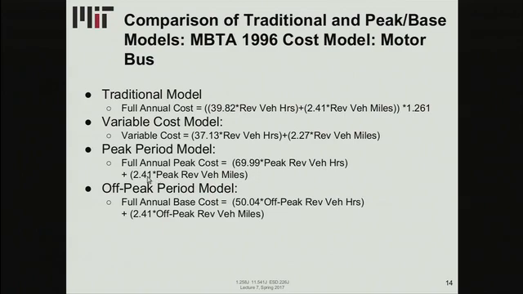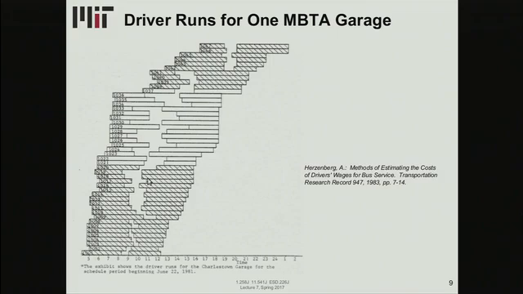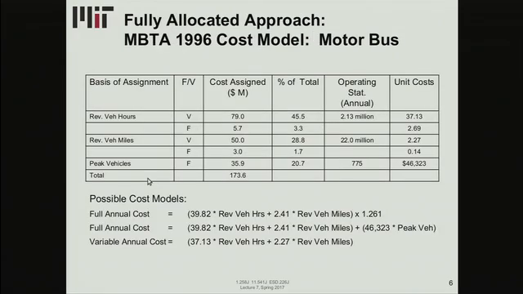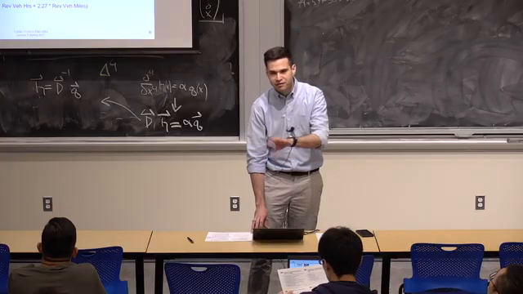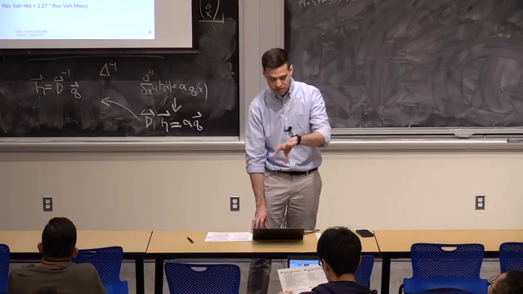And we have the 2.41. Give me a second here. That comes from page 6 directly, I believe. Yes, so that's the combination of 2.27 and 0.14, because we're not counting the temporal difference on peak vehicle or revenue vehicle miles.